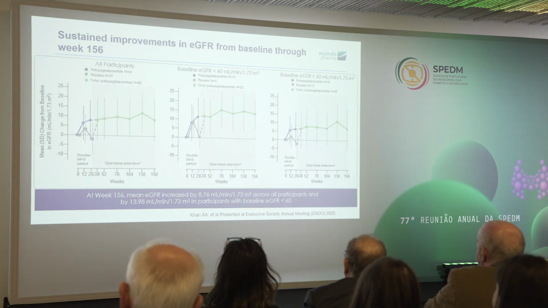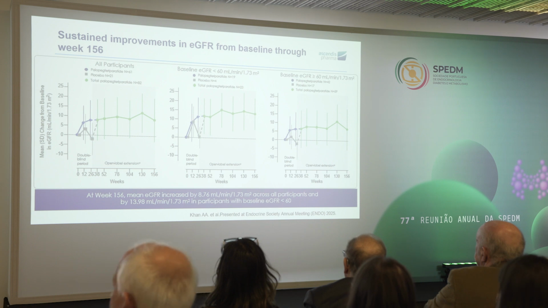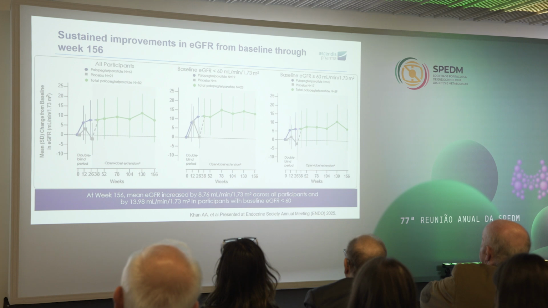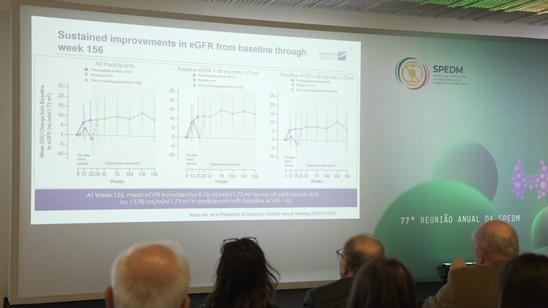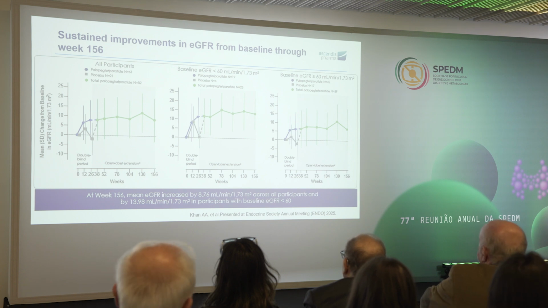So the renal aspect was something of great interest, and here they also tried to decipher if there would be differences between patients that started with impaired renal function, which was defined here as GFR lower than 60, or better renal function. Here you can appreciate, especially in this first period of treatment, the increase of GFR.